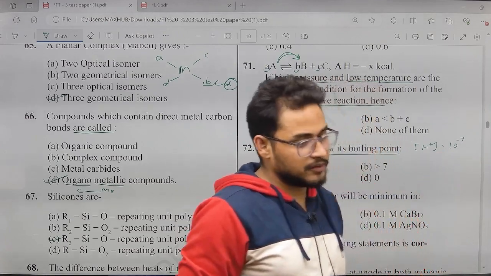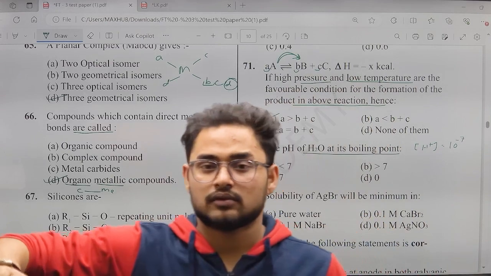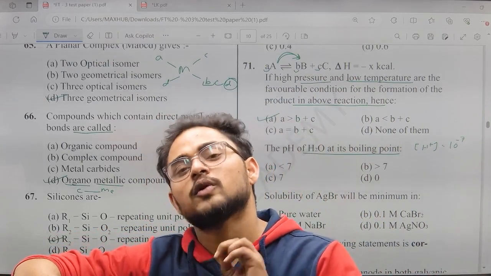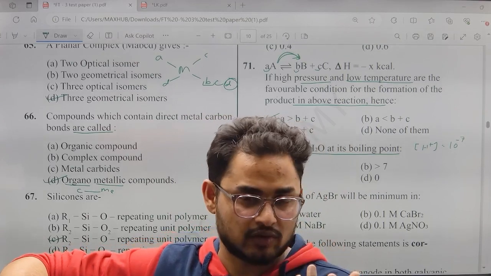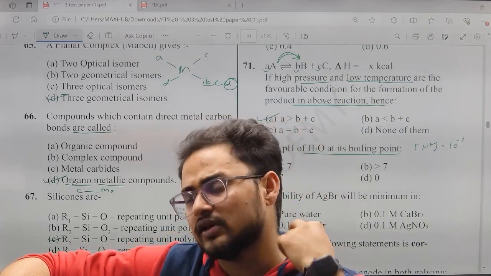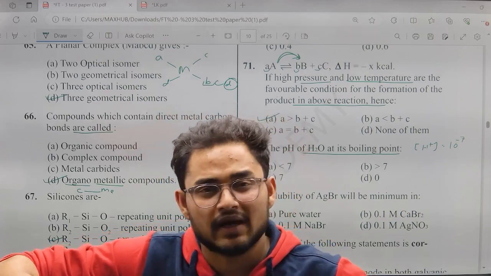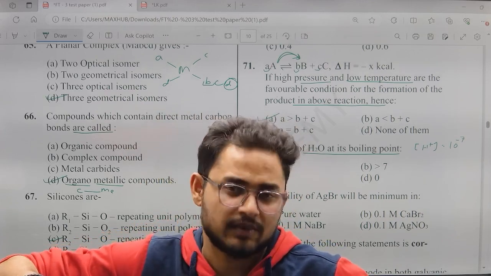That means if I take 1 mole, 10 to power minus 7 mole out of that 1 mole is ionized. In another way, if I take 10 to power 7 molecules of H2O, 1 molecule will be ionized into H plus and OH minus ions.